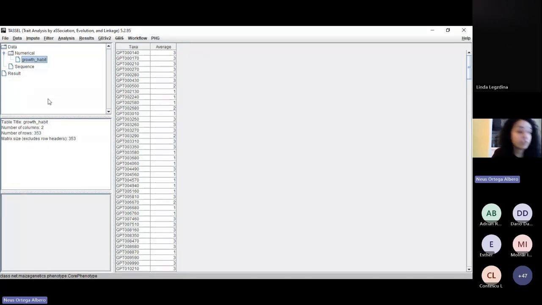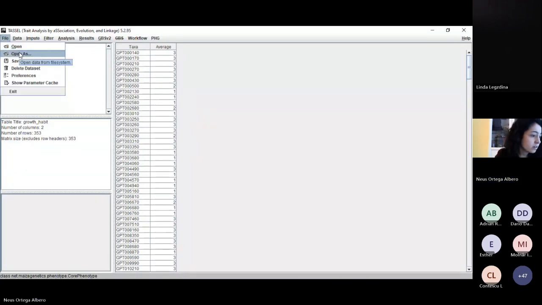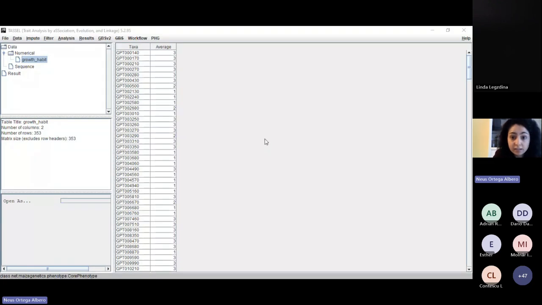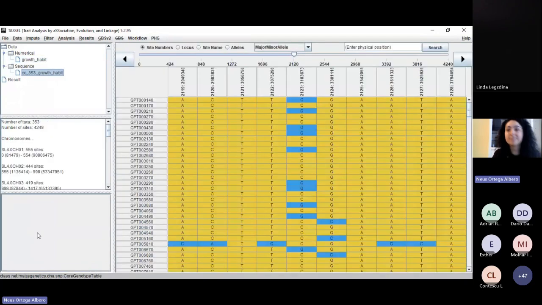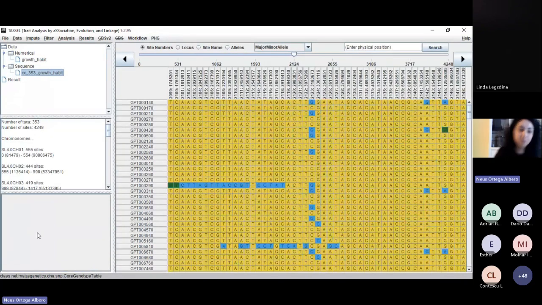Now that we have the phenotypic information, we're going to open the genetic information. And we are analyzing growth habit. It might take a while depending on how fast your computer is, but here we have all the genetic data we have for each accession.